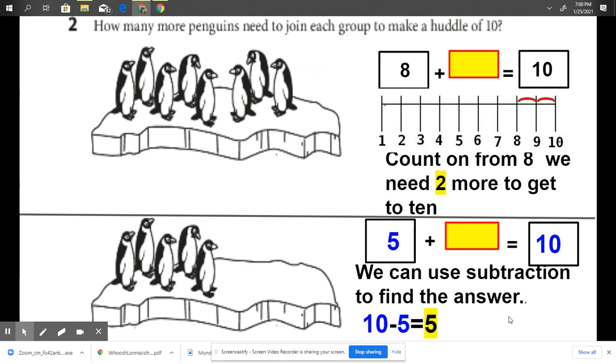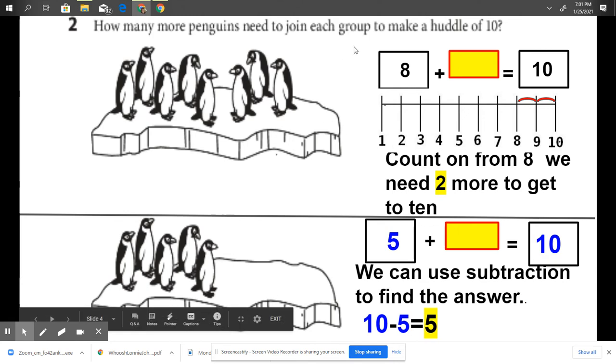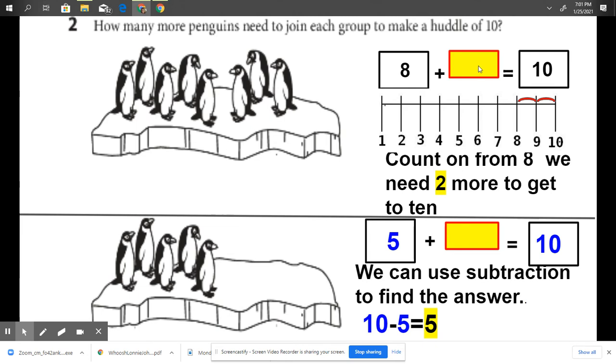Now, this one is a little different, and I've got 2 strategies that we can use on this slide. How many more penguins need to join each group to make a huddle of 10? We're going to solve for this missing number because we can count 1, 2, 3, 4, 5, 6, 7, 8.